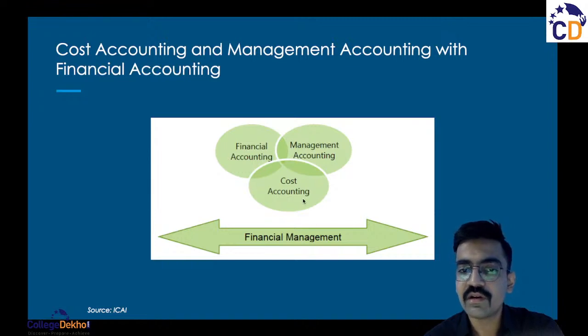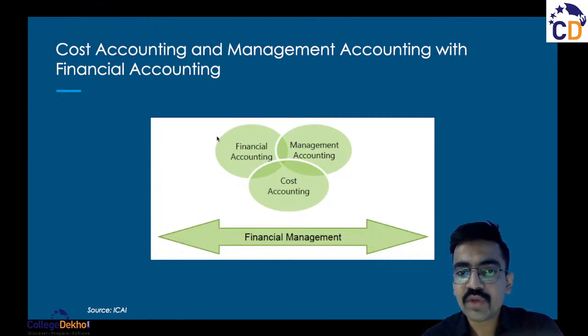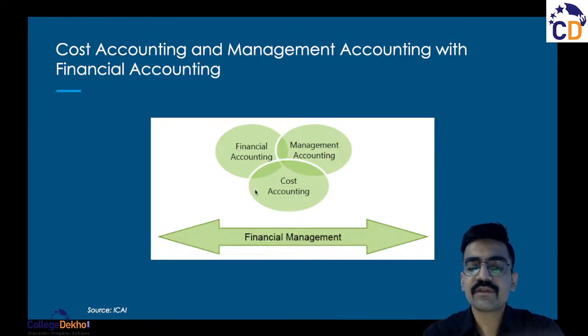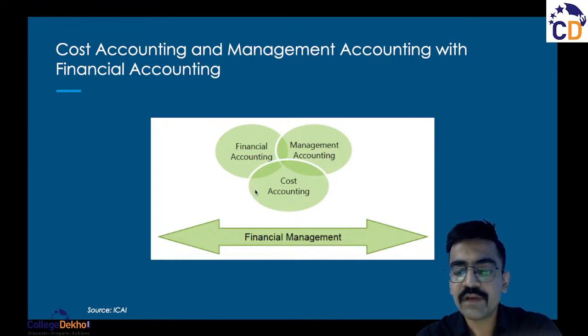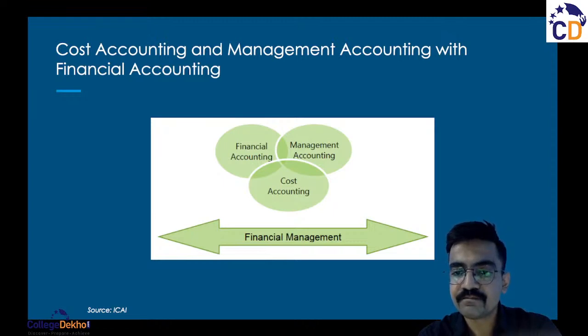Cost accounting alone won't help the company in gaining a broader perspective of the company. Management accounting alone won't help the company in gaining a broader perspective. But all of these different types of accounting combined together give a broader perspective into the workings of a company, a broader perspective into the financial position or the financial performance of the company.